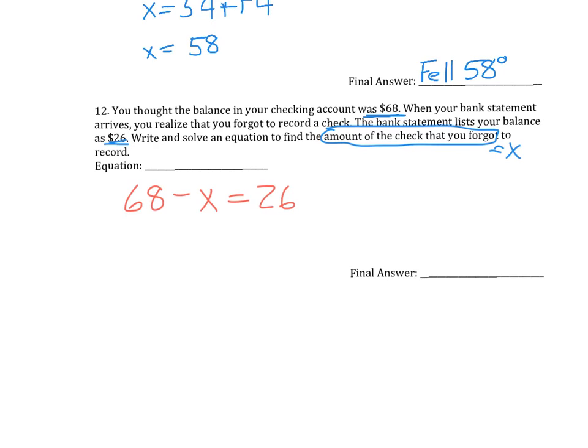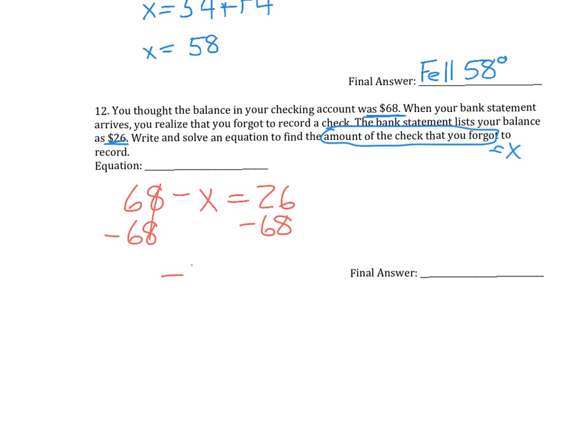In order to solve this one, I know this looks like subtraction because it is 68 minus x, but the number we're trying to get rid of is 68. Your temptation when you see this negative sign here is to add 68 to both sides, but that would be incorrect because 68 is actually positive with no sign sitting out in front. So since 68 is positive, I want to do my opposite operation and subtract 68.